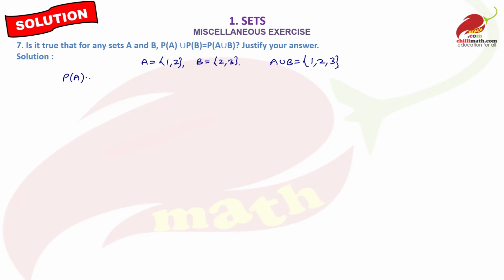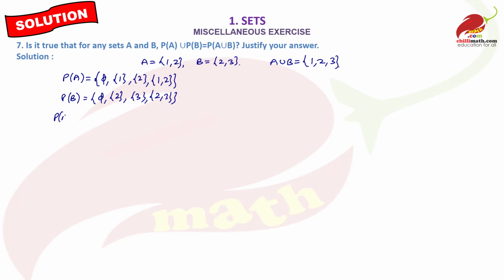PA is the power set of this set A, that is {∅, {1}, {2}, {1, 2}}. Similarly, PB will be equal to {∅, {2}, {3}, {2, 3}}.